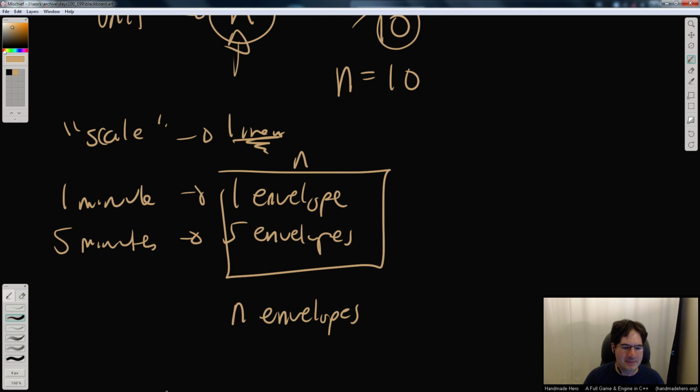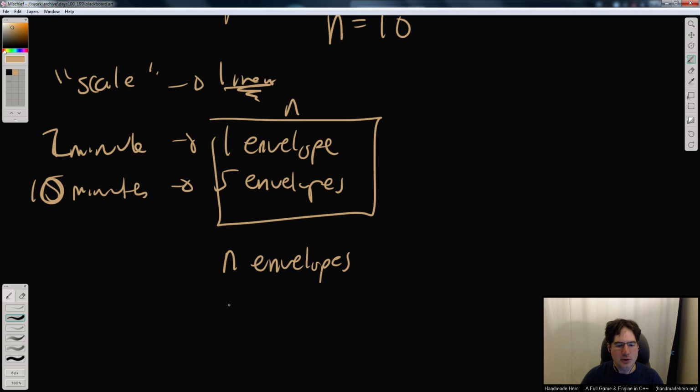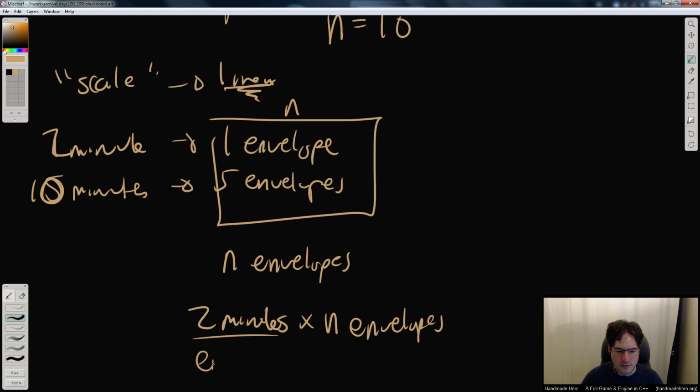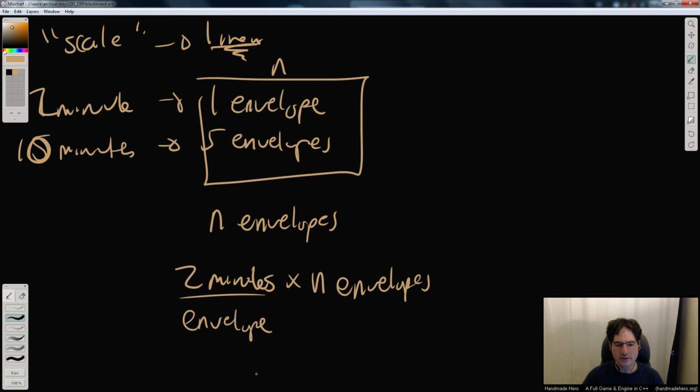And if, for example, I made a slightly more complicated thing, so it took 2 minutes per envelope, so it took 10 minutes for 5, then you could easily, if you've had any math at all, instantly tell me how long it takes to do n envelopes, correct? You would say it takes 2 minutes times n, right? That is the time. And furthermore, I might leave the units in there and say n envelopes at 2 minutes per envelope. The envelopes cancel, and I just get 2n minutes, right?